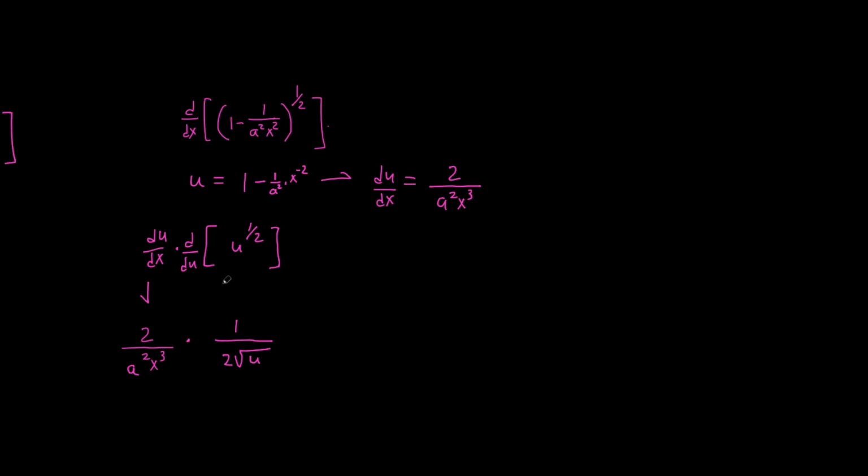And undoing the u substitution, we get 2 times the square root of 1 minus 1 over a squared x squared, because we just replaced the u value from up here. These 2's are going to cancel out. Left with 1.